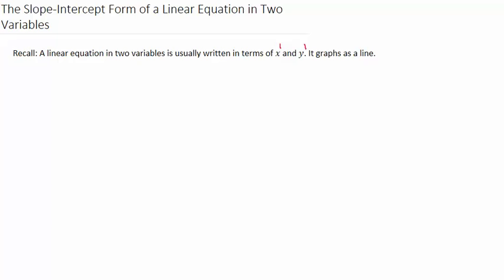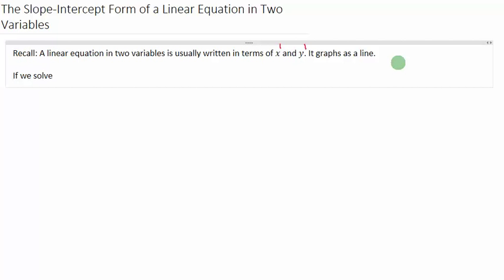Okay. Now, these equations can be written in all kinds of different forms. X and y can be on the left or the right side. There could be multiple x's and y's that could be combined if you wanted to. But what we're going to look at is what's called the slope-intercept form of this equation. If we solve the equation, whatever it may be, for y, we get what's called the slope-intercept form of the equation.